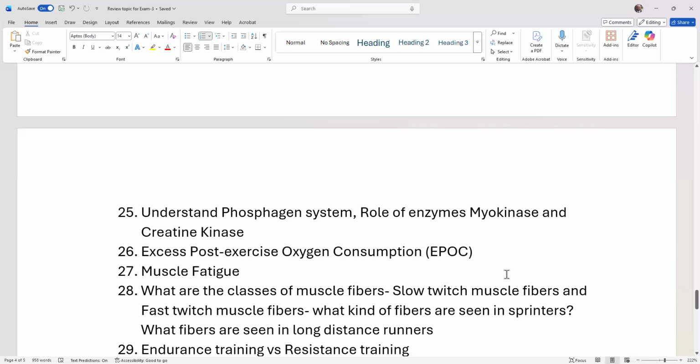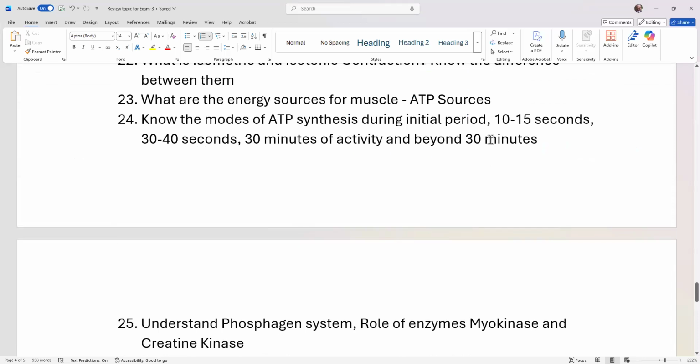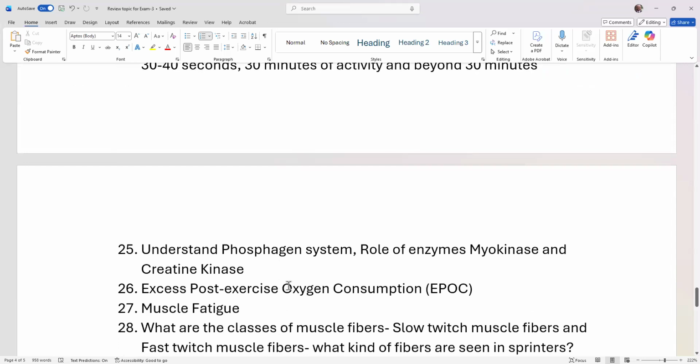So you should understand the phosphagen system, the role of enzymes, myokinase and creatine kinase, and there are various stages here. Phosphagen system is one of them, and you should know the others. And after the exercise comes to an end, you have what is known as the excess post-exercise oxygen consumption, EPOC.